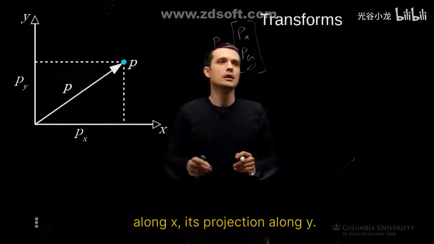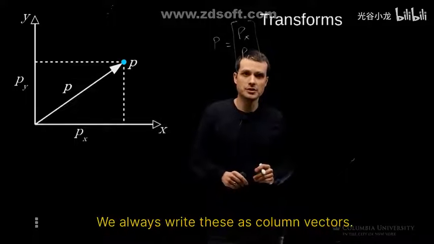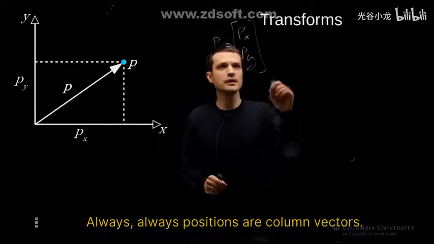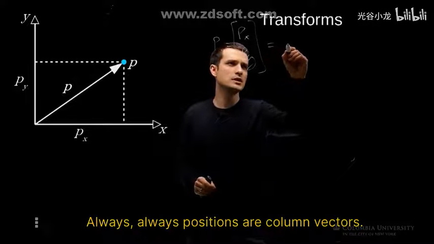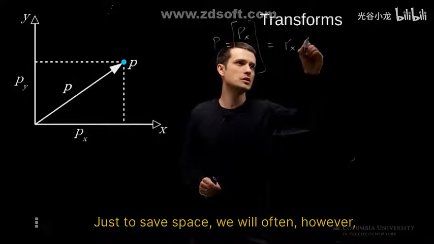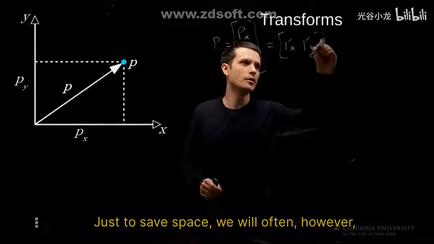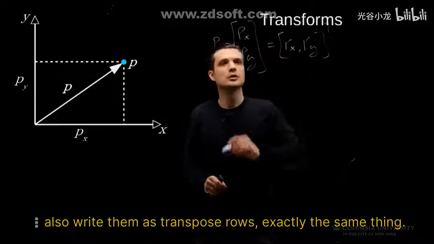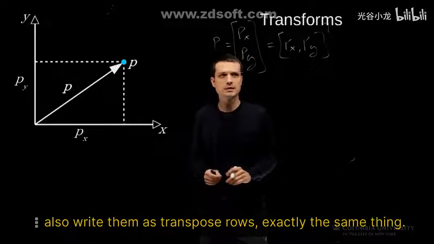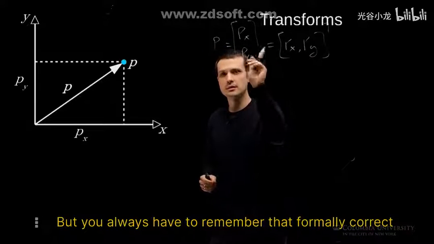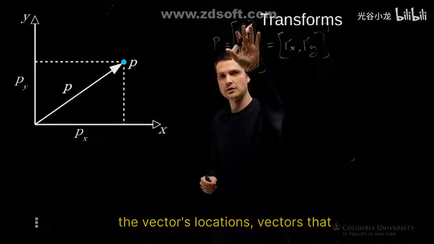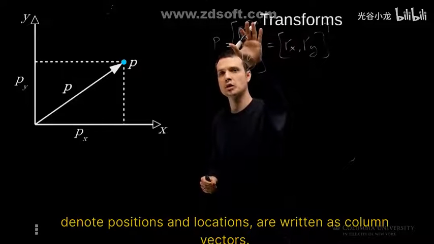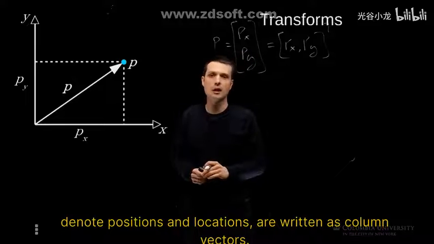Okay? We always write these as column vectors. Always, positions are column vectors. If it's just to save space, we will often, however, also write them as transpose rows. Exactly the same thing. But you always have to remember that, formally correct, vectors that denote positions and locations are written as column vectors.